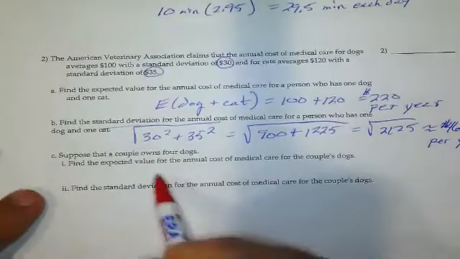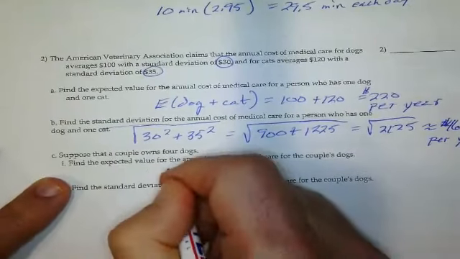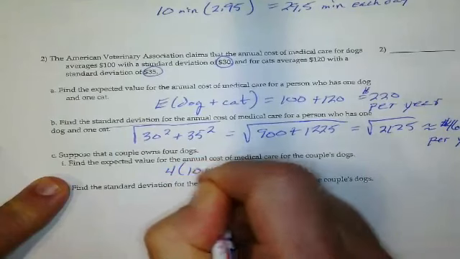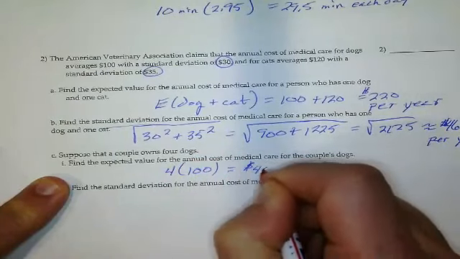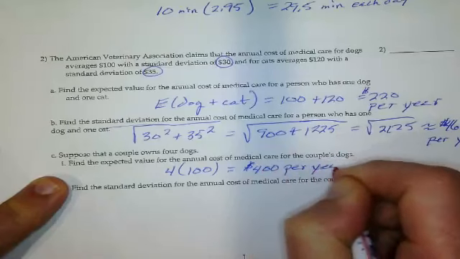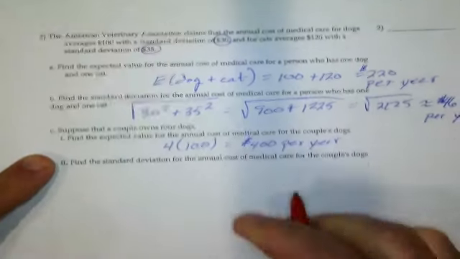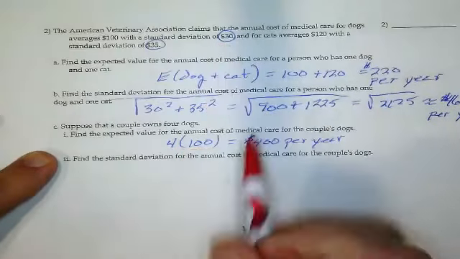Okay, now we have the annual expected cost of 4 dogs and a couple owns. So that's simply 4 times 100 equals they should expect to spend about $400 per year. Okay, and then the standard deviation of those 4 dogs was $30.